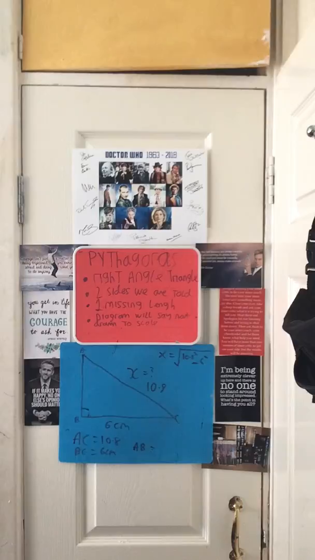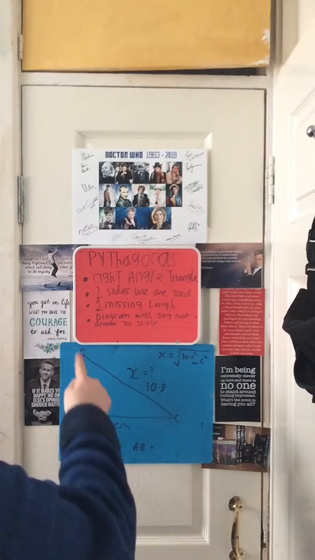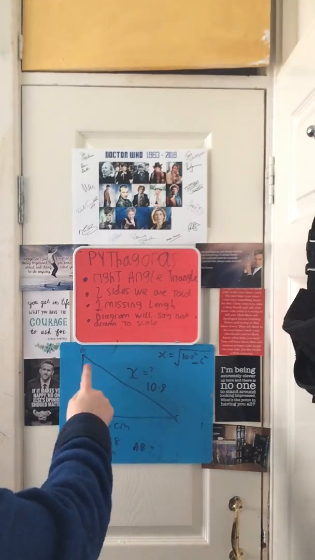So if we do that now, getting my little calculator out. So, the square root of 10.8 squared minus, because we know that we only add it when we're trying to work out this length.